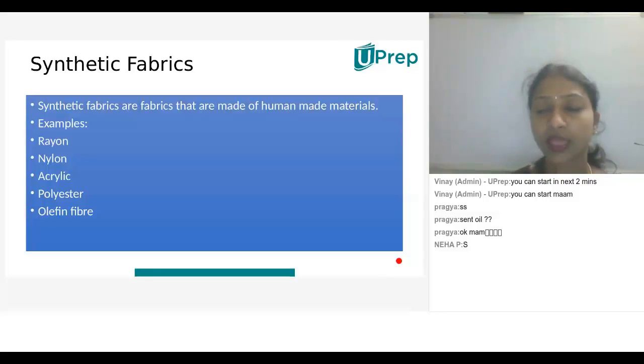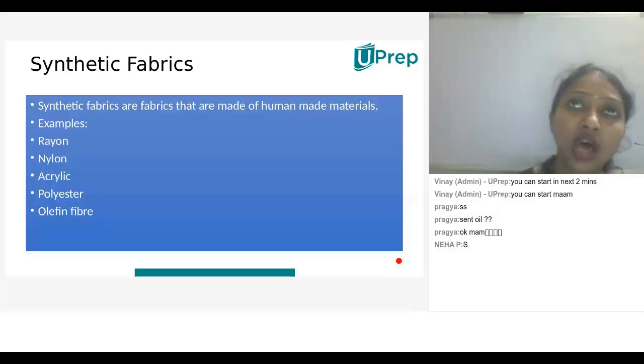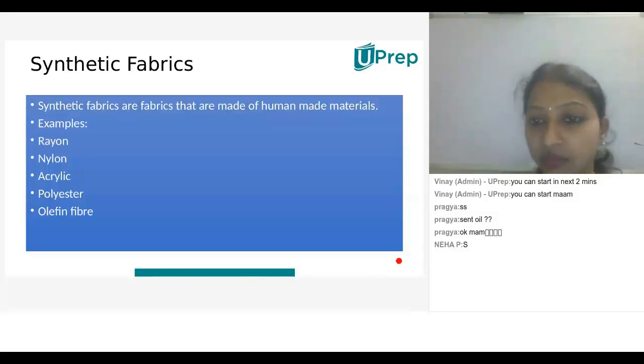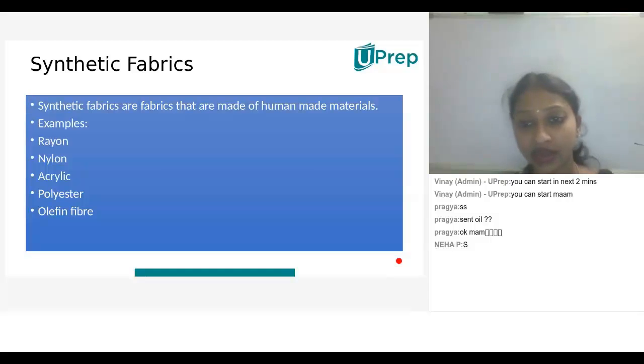Understood? Next, synthetic fibers are moth-free. What do you mean by moth-free? Synthetic fibers cannot be attracted by insects, fungus or any other bacterial thing. I didn't understand it.